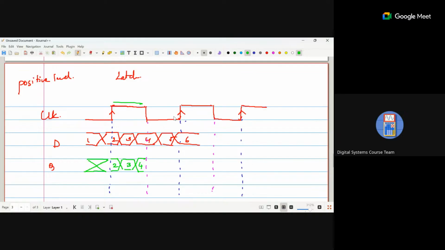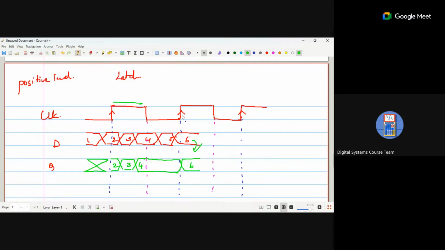In negative side, this is not cared; whatever already existed will continue. So this 4 state will continue till the next positive level. Once the positive level reaches, whatever input you have here will come in the output here. Okay, so you will get 6 here.